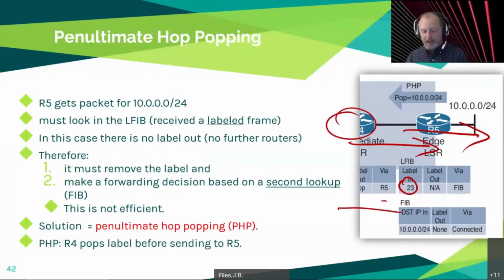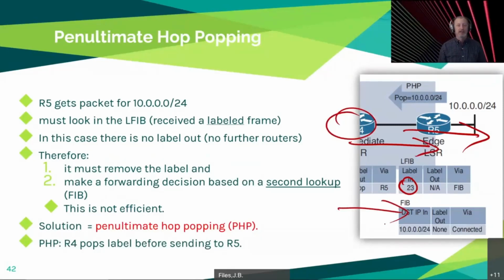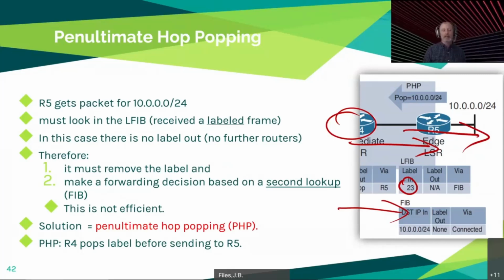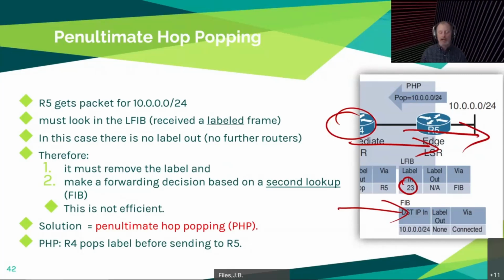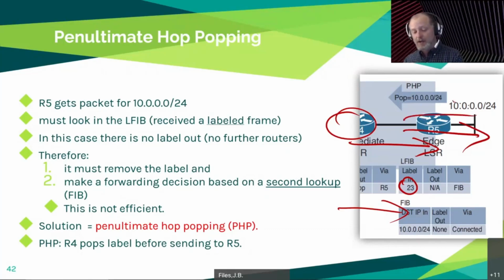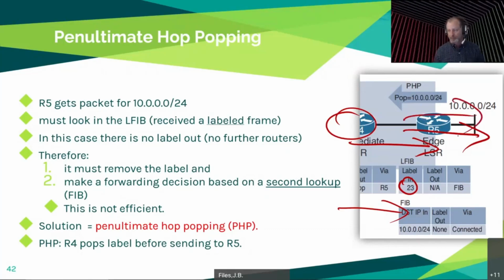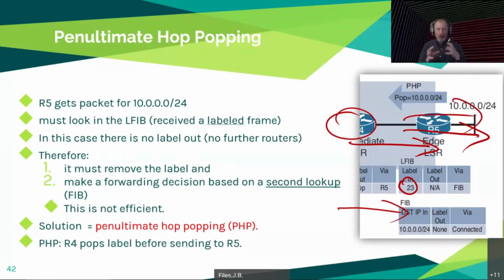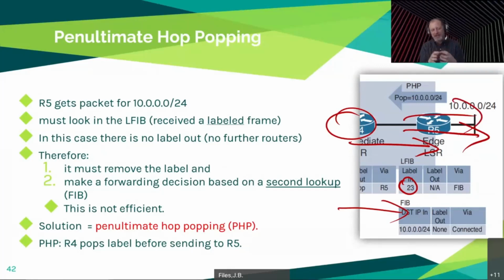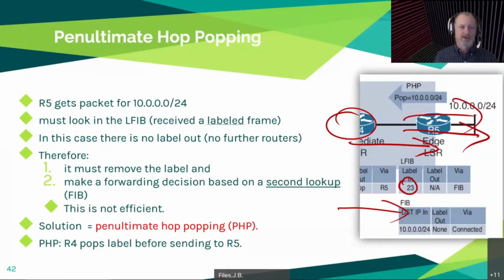It'll come in with just an IP address. So R5 won't waste time with the label lookup. It'll just look up the IP address, do an IP routing decision, and know, okay, it gets sent out there. Okay? So that's the core, the basic foundation of MPLS, how that works.